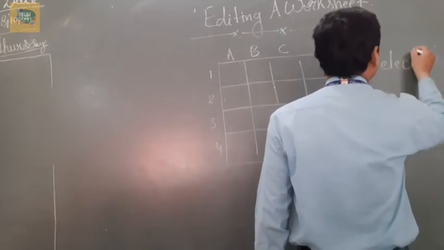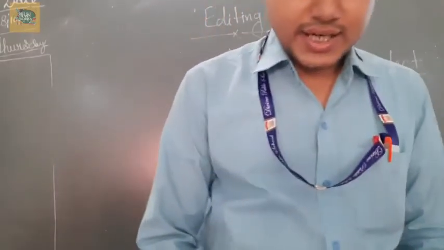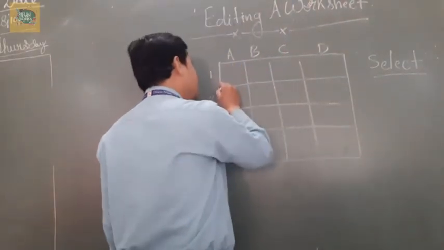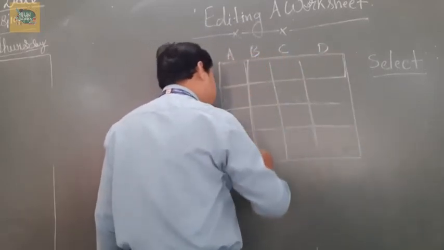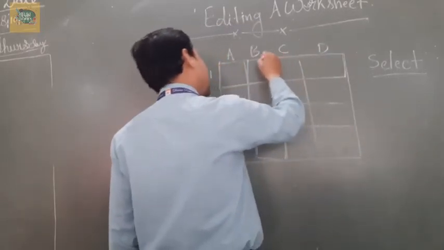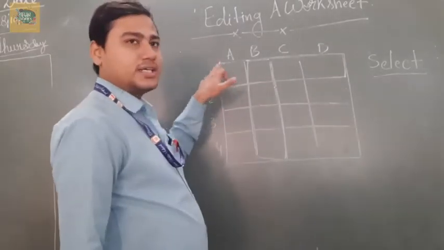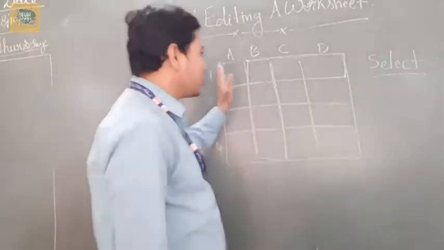Now we are going to select our cell. First of all, we have to select a row or column. So you know this is a row, and this is a column. For selecting rows and columns, you have to click here with the help of the mouse, and after that you have to drag it.